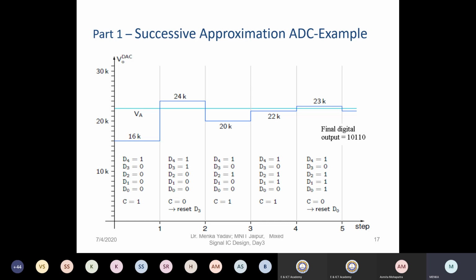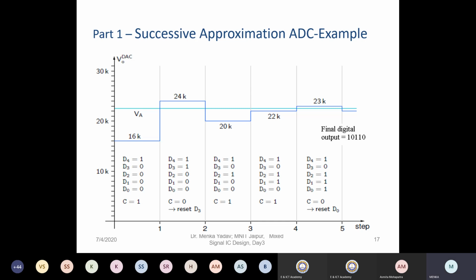C equal to 1 means I have to keep on setting D2, so in the next cycle, D2 will not change. In the next one, I have to set D1 and then check whether VA is lesser than this result, which is 22k, or greater. This VA is still greater than 22k, so actually my C is equal to 1.